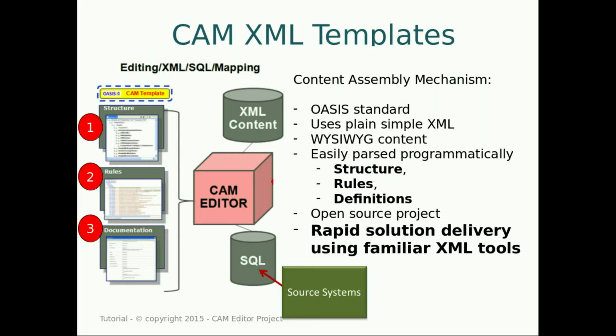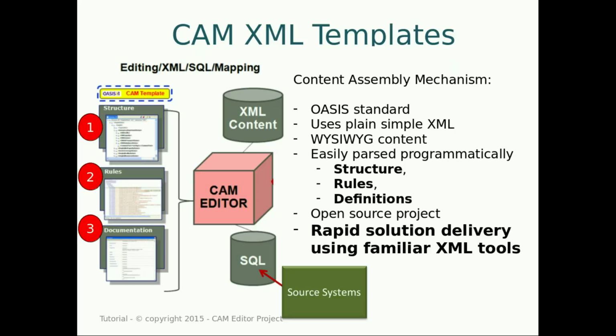And so if we move to the template itself, we can see it's composed of the structure, the rules, and the documentation. So we have those three semantic pieces in play. We're able to connect to SQL sources from the CAM editor of the source systems, so we can store that as XML.